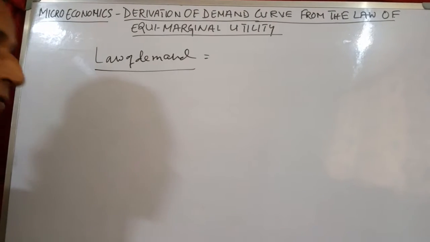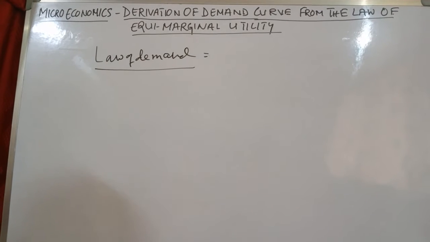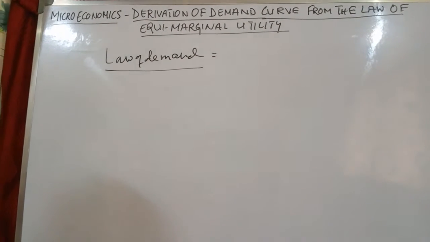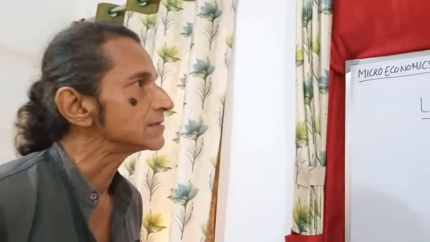That means when price of a commodity increases, quantity demanded for that commodity falls, and when price of a commodity falls, quantity demanded of that commodity increases. So quantity and price are inversely related to each other. That is the reason the demand curve is downward sloping.